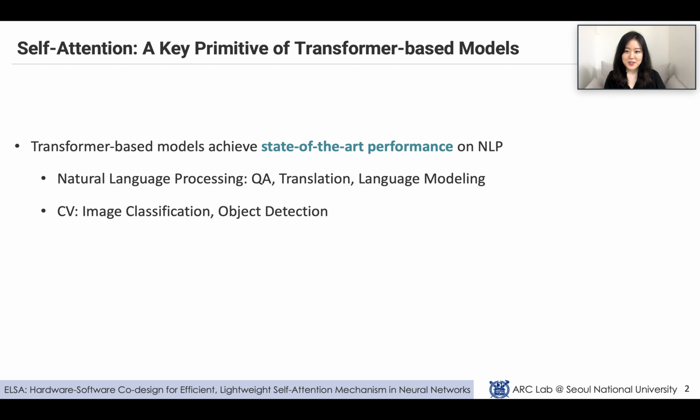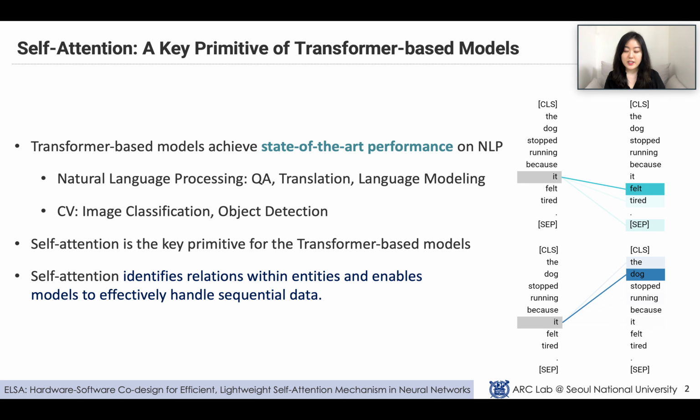The key mechanism of the transformer-based models is its new primitive called the self-attention mechanism. This primitive is in charge of identifying relations within input entities and enables transformer-based models to effectively handle sequential data. For example, as shown in the right figures, the self-attention mechanism enables transformer models to identify the noun that a pronoun refers to.